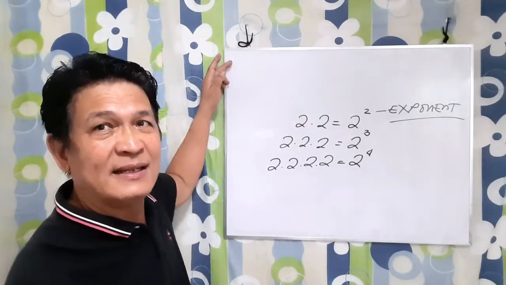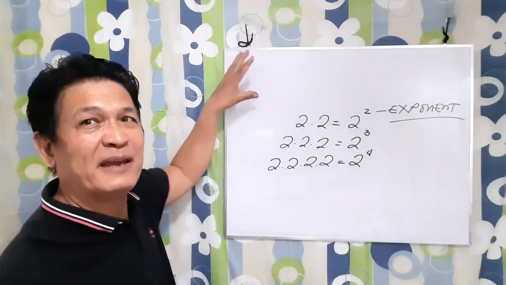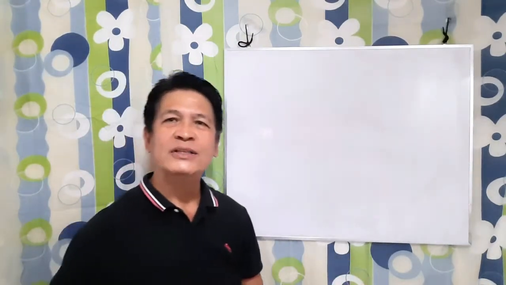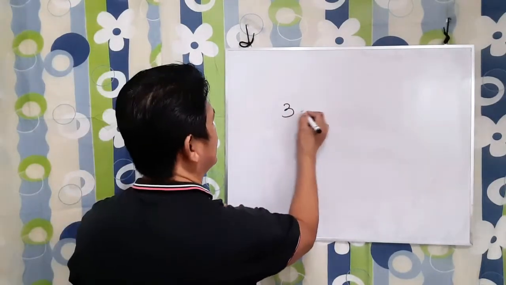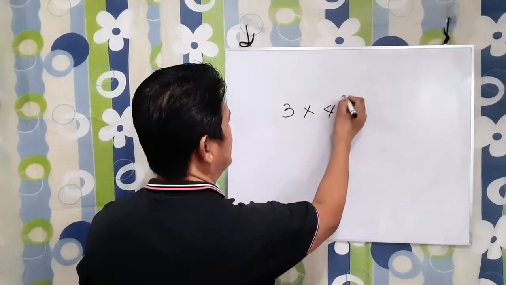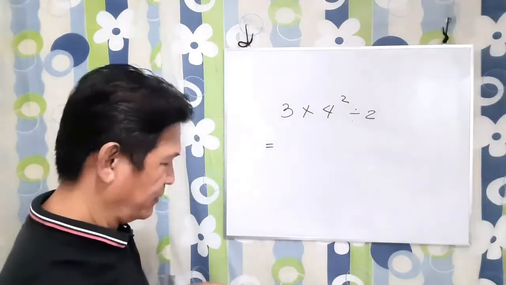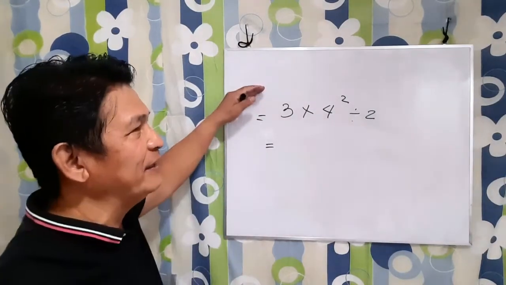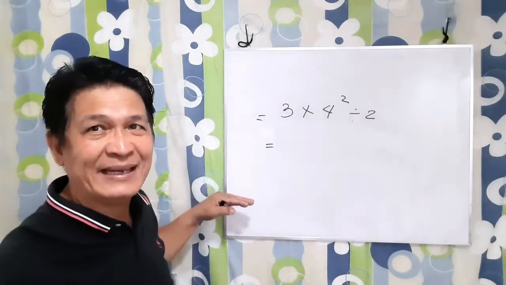Once you see numbers similar to this in the problem that you are solving, this is the second priority. The first one is your parentheses and brackets. You simplify first the numbers inside the parentheses and brackets. Okay, let's solve an example on your exponents. So if you have 3 times 4 squared divided by 2, in a situation wherein you do not have a parenthesis or a bracket, you solve first what is in the second order.